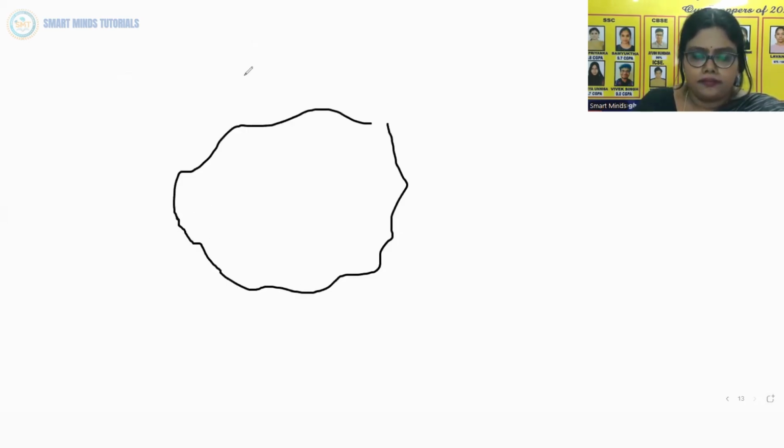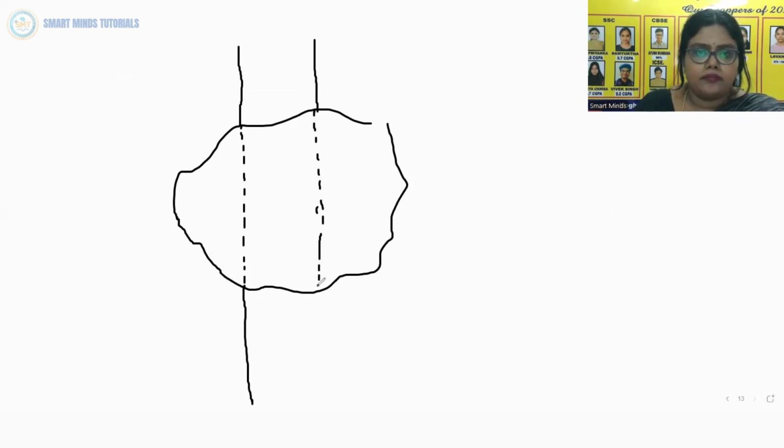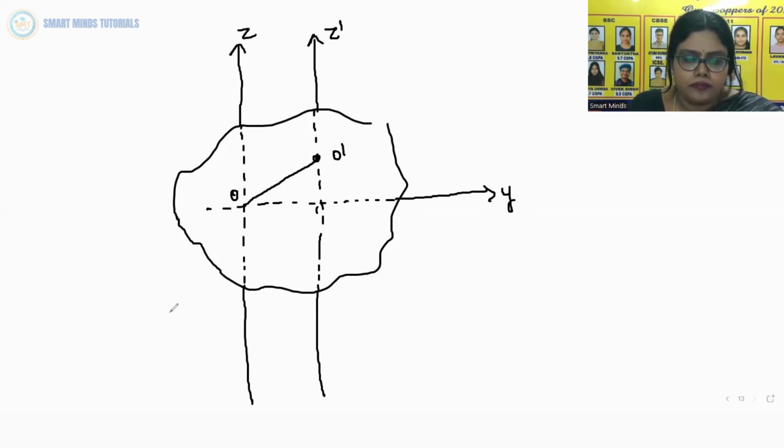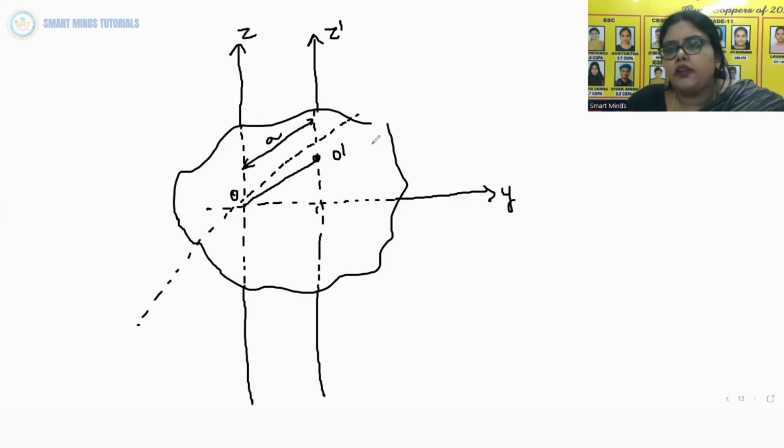Now let me give you a figure. You can see this is the figure for the theorem of parallel axis.